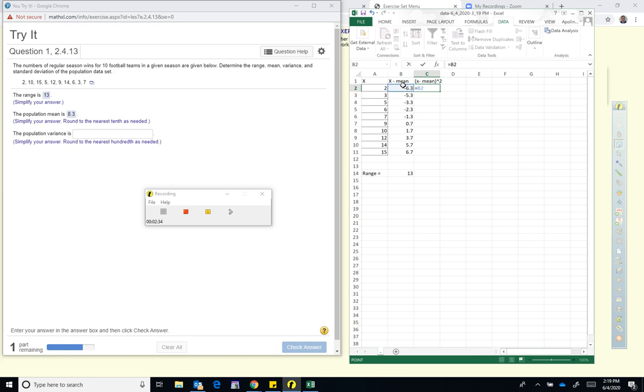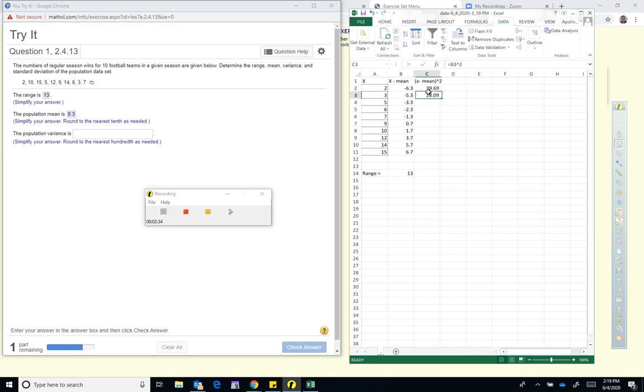Now we need to take this value to the second power. The caret is used to represent a power, so this is power 2, and just enter. The next, repeat the process, is going to be this result raised to the second power, and enter.